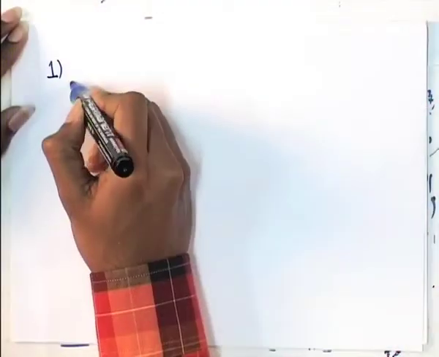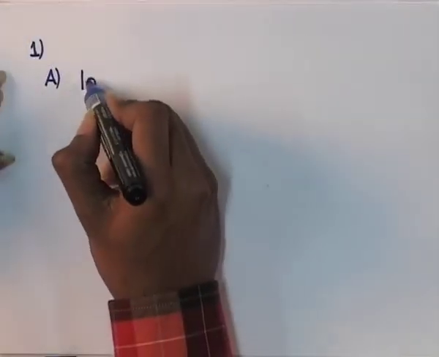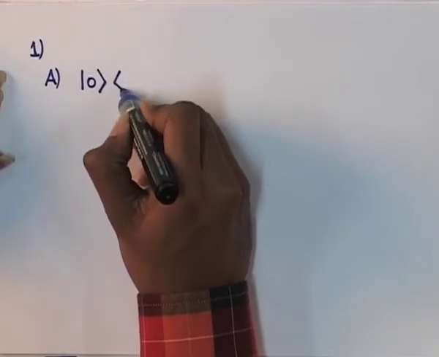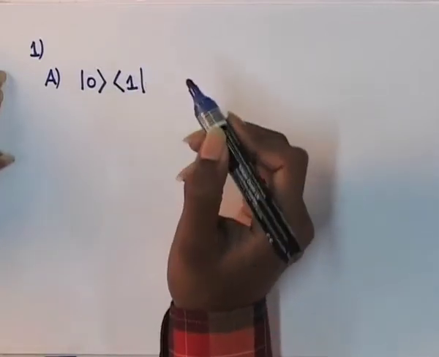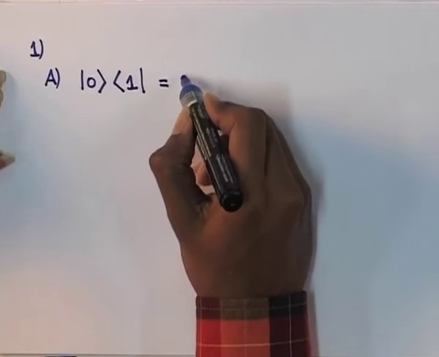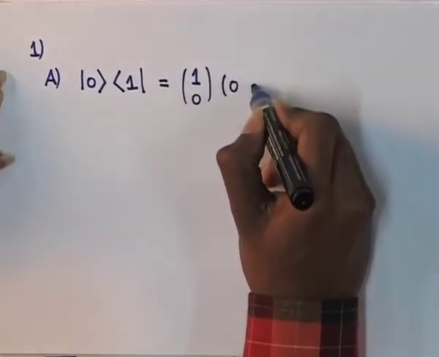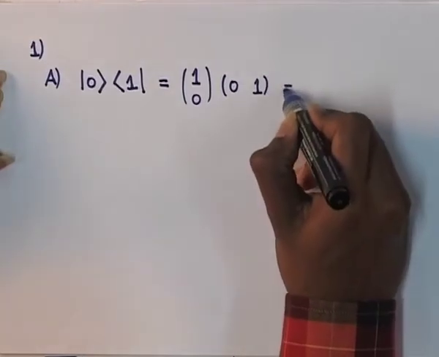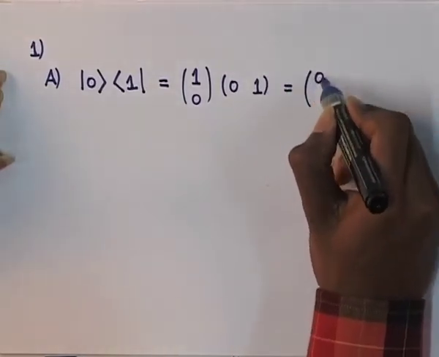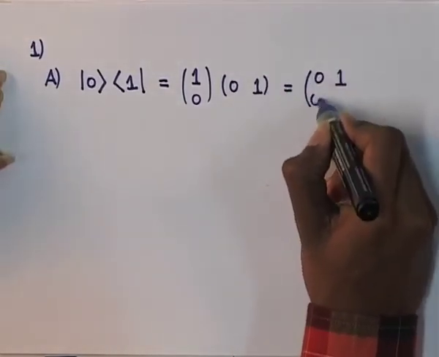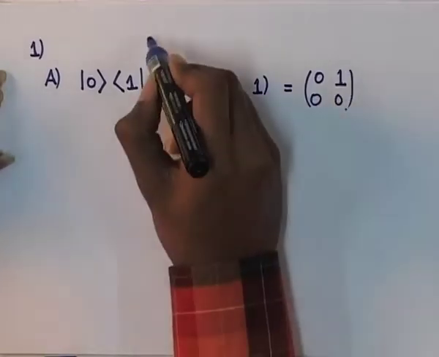So, question 1, and we are verifying option A, which is equal to (0, 1; 0, 0). But what is a NOT gate?